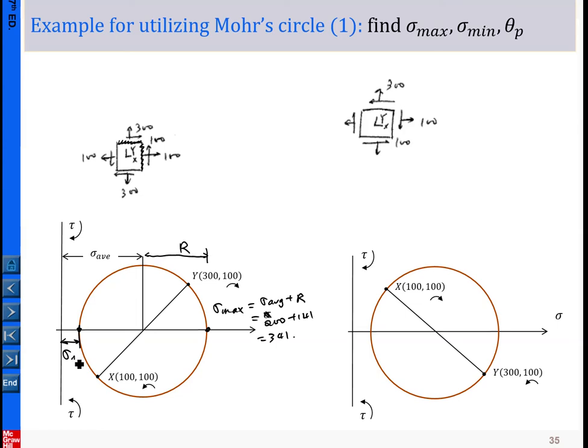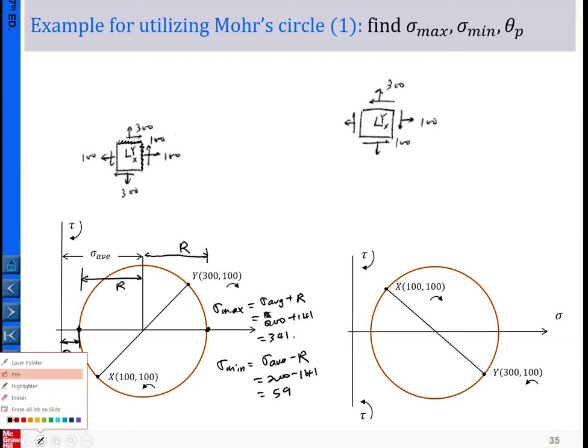This is the minimum. The minimum is equal to the average minus r. If you look at it graphically here, the minimum equals the average minus r, which is 200 minus 141, so that is 59. So by doing so, we determine the magnitudes. Now we want to determine the orientations.